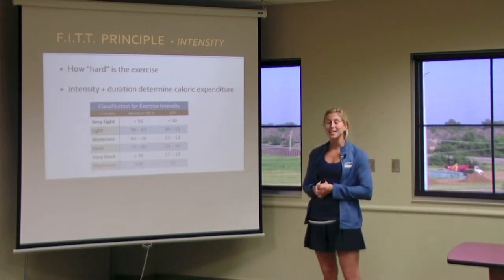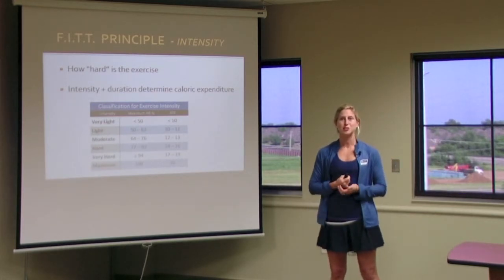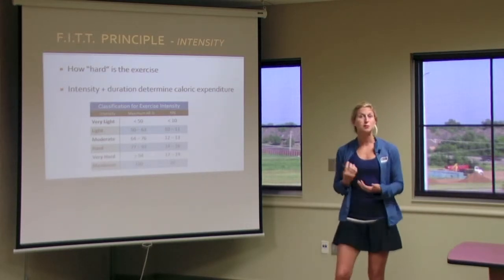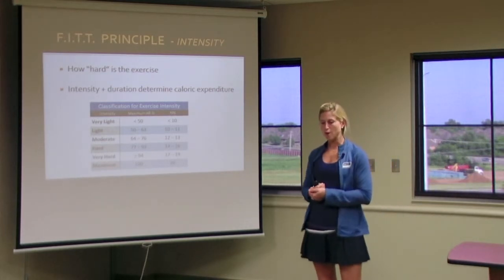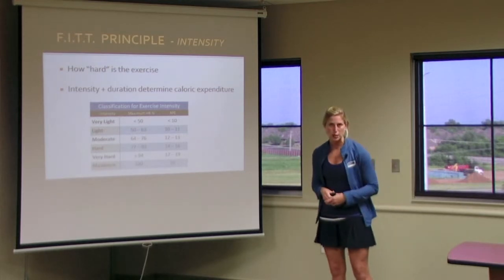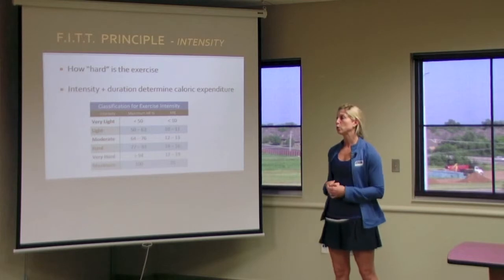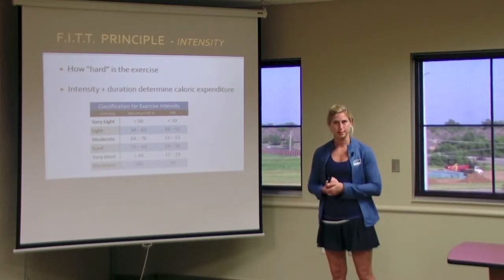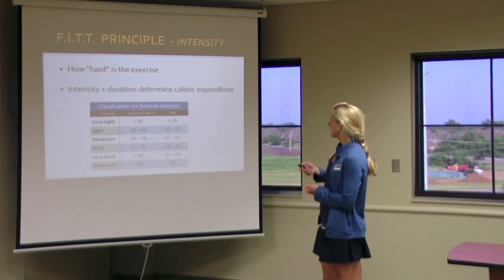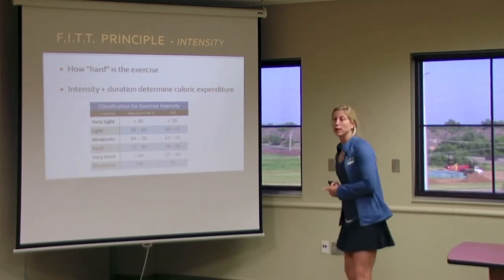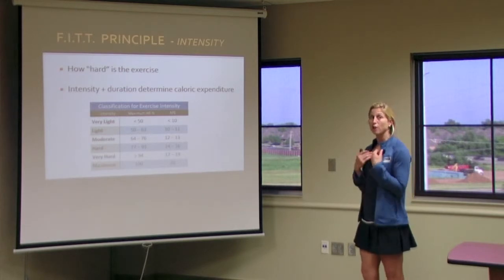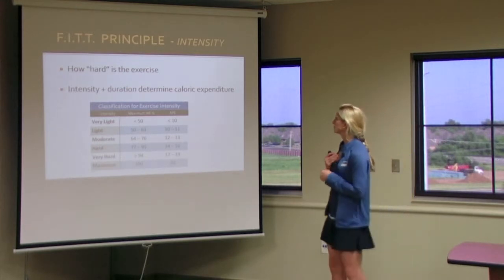The intensity is how hard you are doing this exercise. So in terms of running, that could be speed. In terms of the elliptical, you could be talking about the resistance level that you have that machine on. You could add a weight vest. So looking at the difference in heart rate classification, you're using a different percentage of your heart rate max.